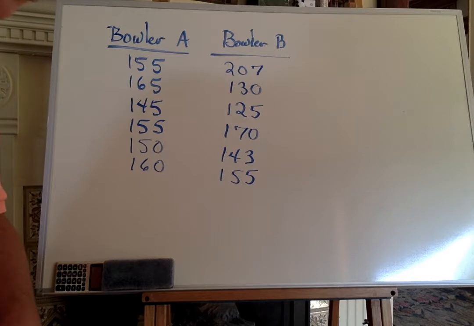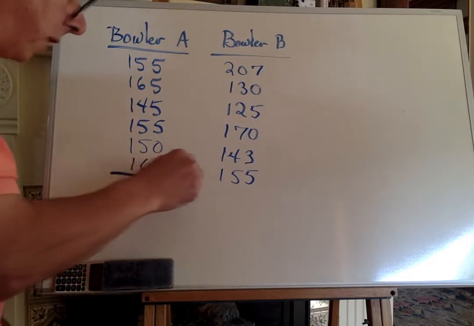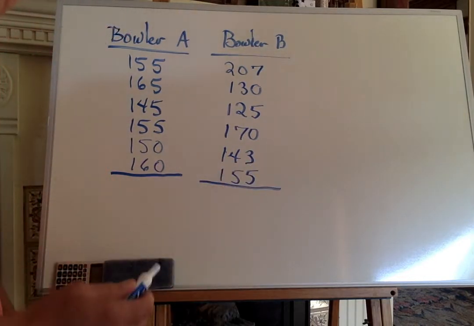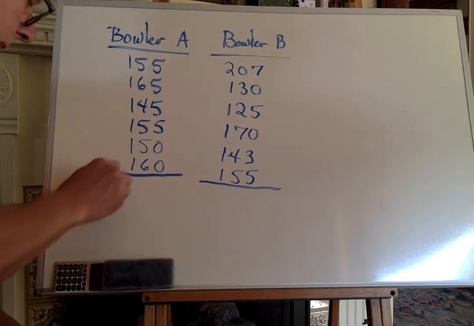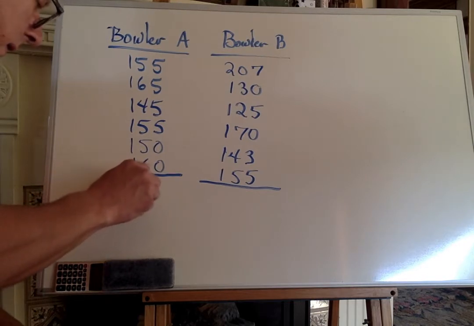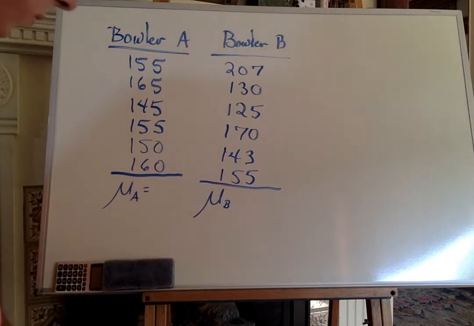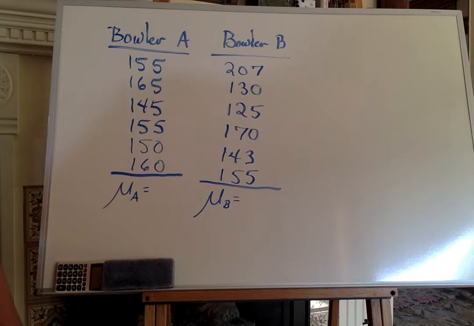Well, one of the things that you might want to do initially here is say, well, I'd like to have the better bowler. Okay? So maybe one indicator of that is the bowler that has the better average of the two. So let's calculate the average for bowler A and average for bowler B. Okay? Add up all the scores, divide by n, we get our mean.